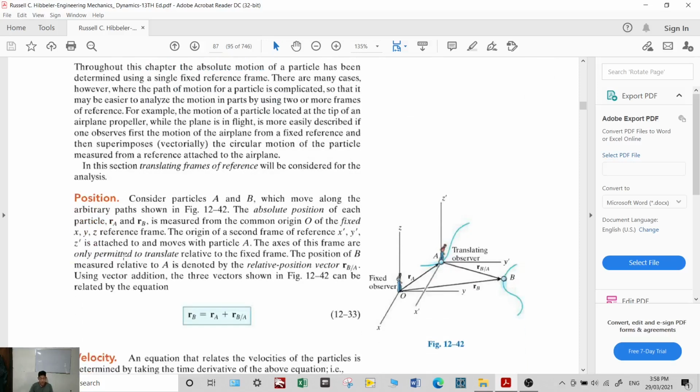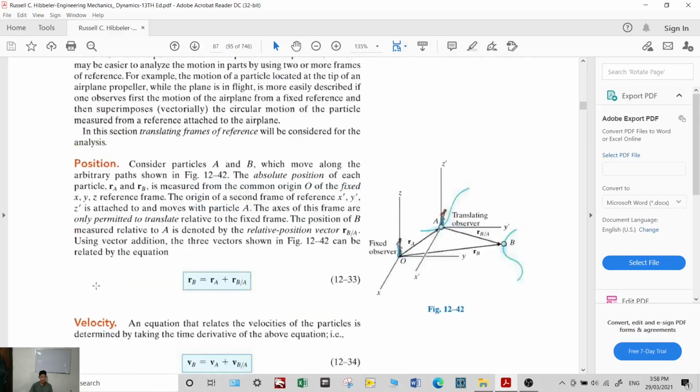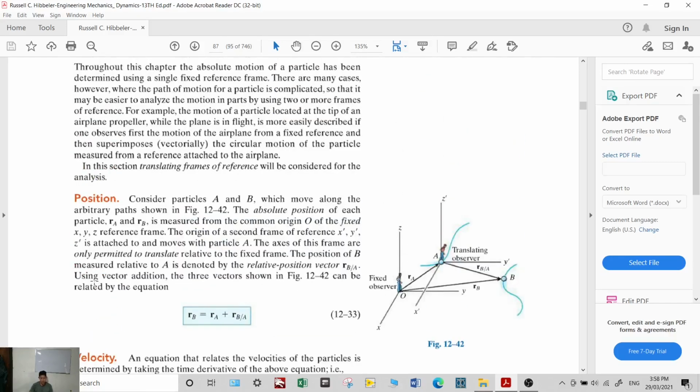Again, in this topic we will still get three components: position, velocity, and acceleration. In order to determine the position of a particle with respect to another particle, let's take a look at this diagram.